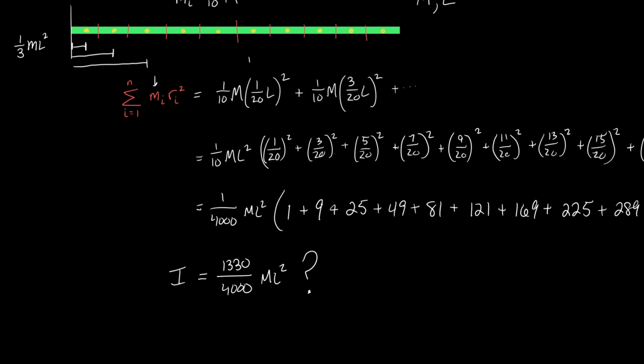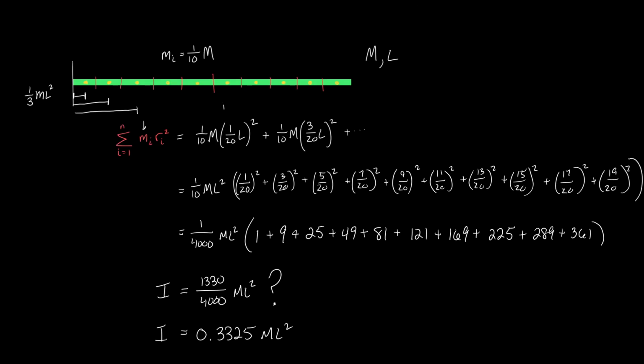What is 1330 divided by 4,000? I got 0.3325, which is about 0.333 times ml squared. I know 1330 over 4,000 isn't 1/3. Is it close to 1/3? I'd say it's close.